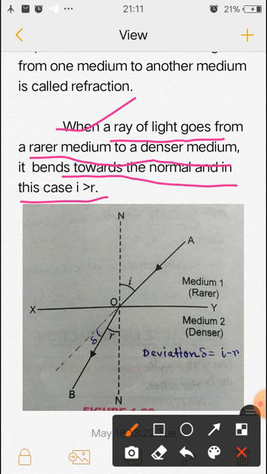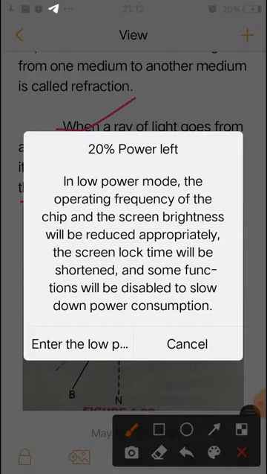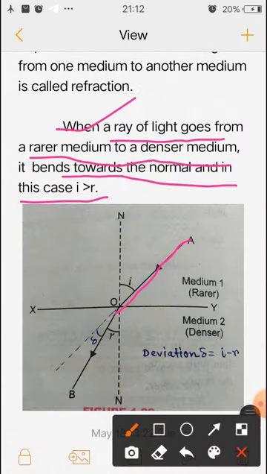So you can see this is the separation XX dash, and this is the normal NN dash, and the ray AO is coming and incident on the surface of separation of the two media.